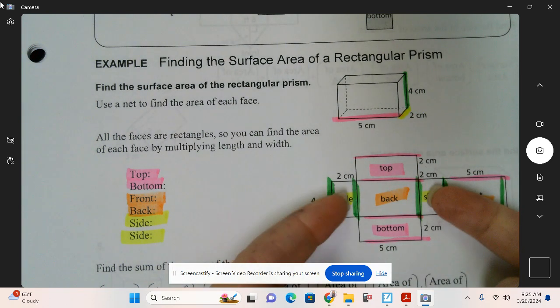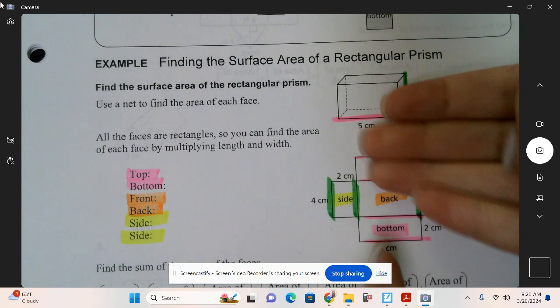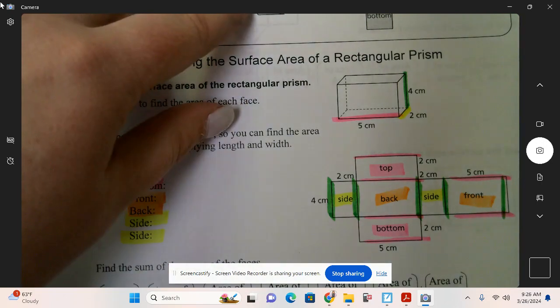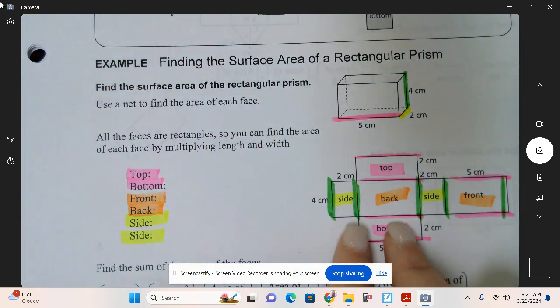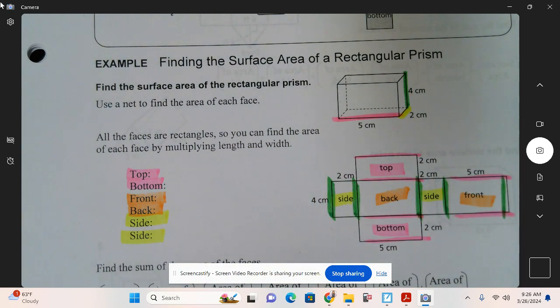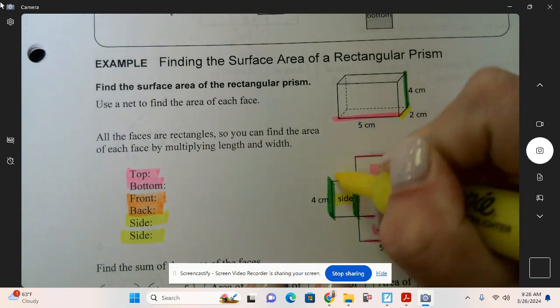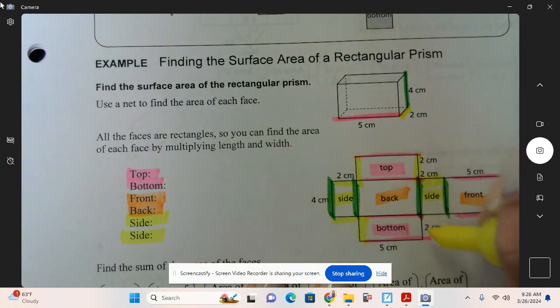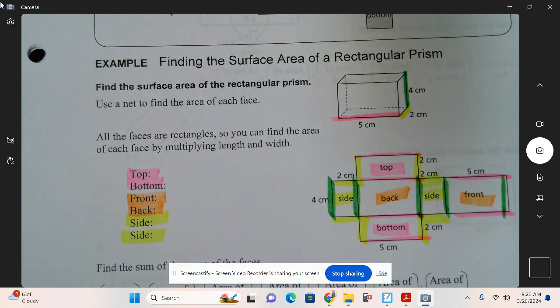So if you could visualize this folding on this line and this folds and this folds, kind of like right here. If you see right here how it folds, those are what I call your elbow pieces. Those are going to be the same. Those are always going to be the same.